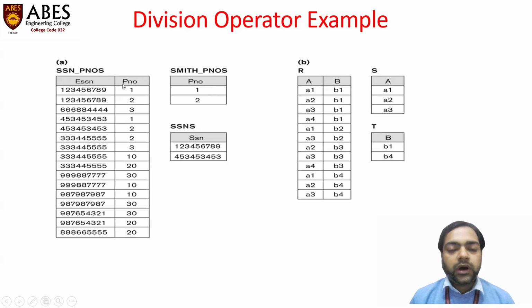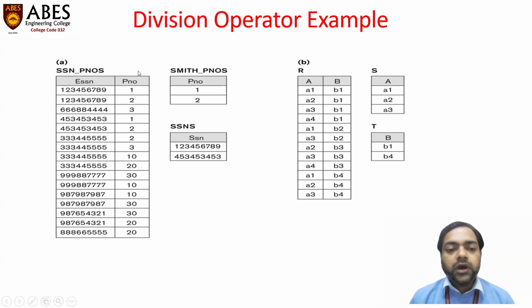If we want to apply the division operator between these, we need to understand that the relation with fewer attributes must be a subset of the other. You can see that PNO is also available in both, so we can say that the attribute in SMITH_PNOS is a subset of the attributes present in SSN_PNOS, right?